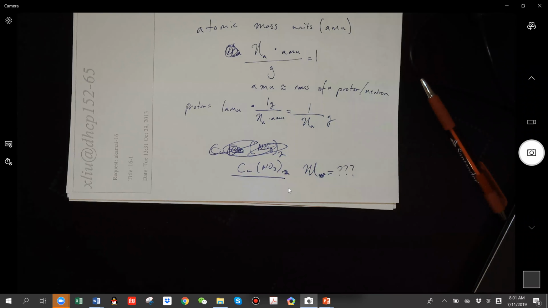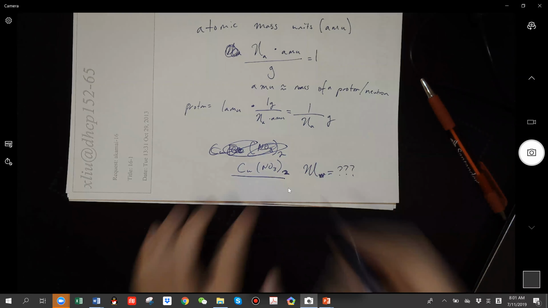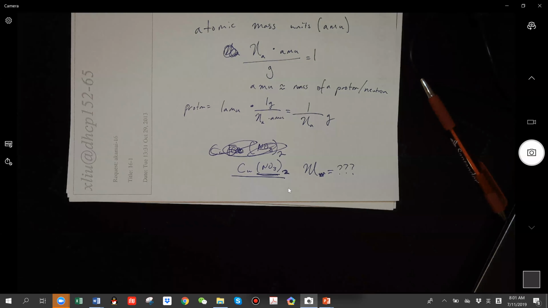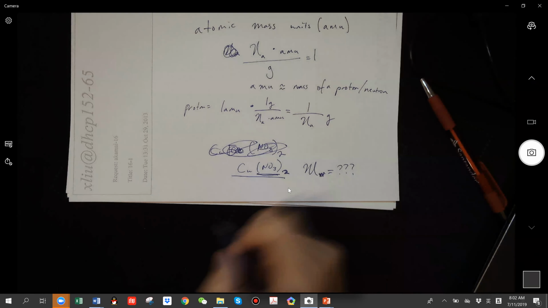You're close. You have to remember that the NO3 has a subscript underneath it. So we have 2 nitrates. So we have two of these. Can someone tell me how many copper atoms are there?